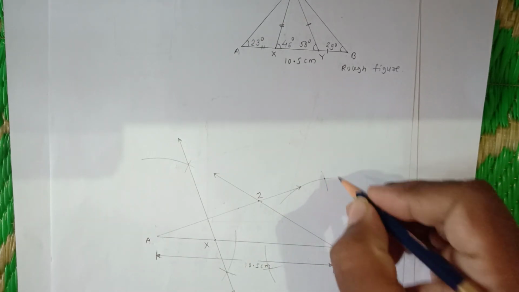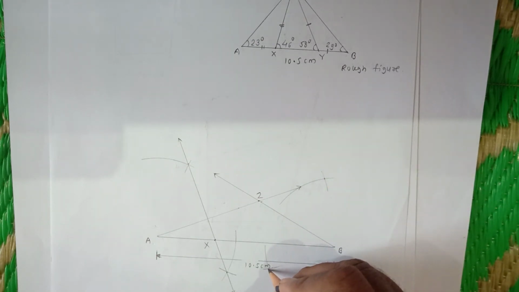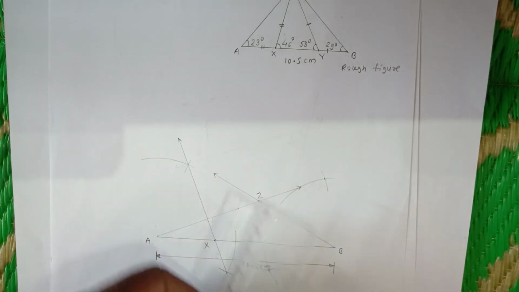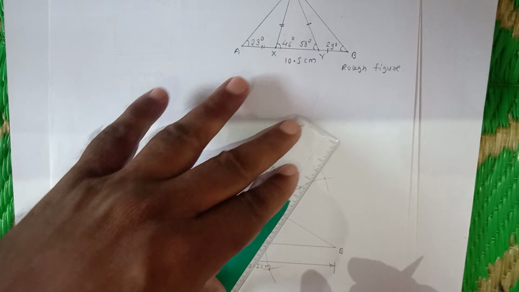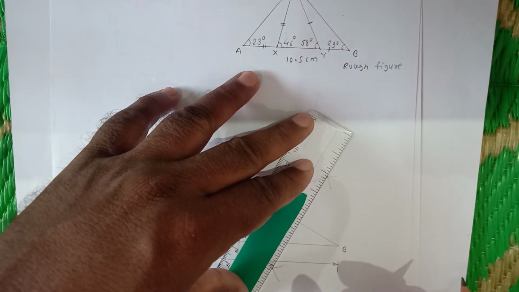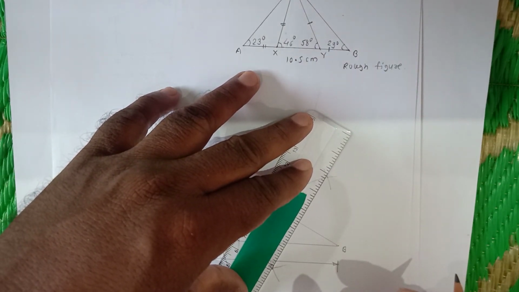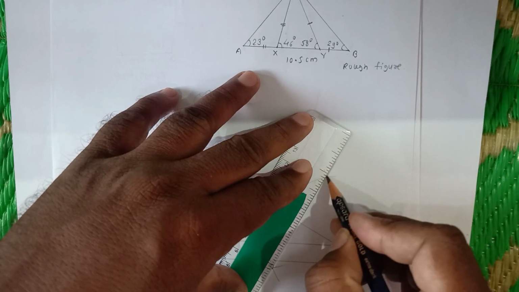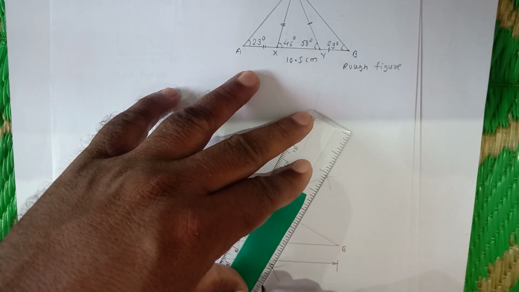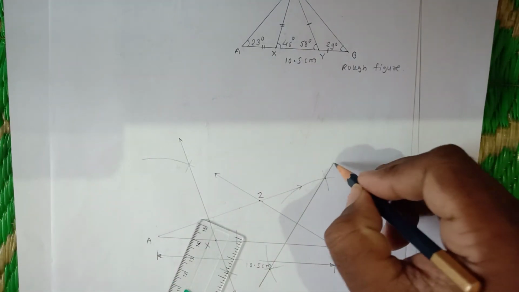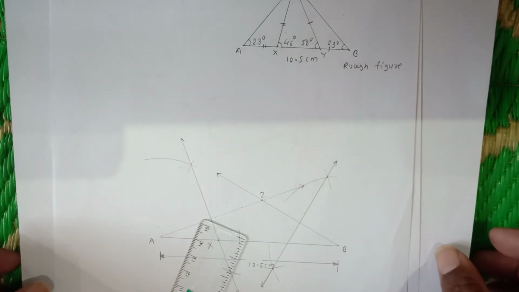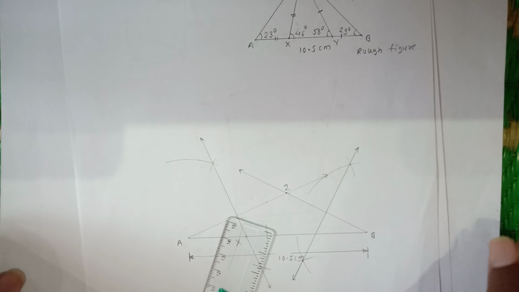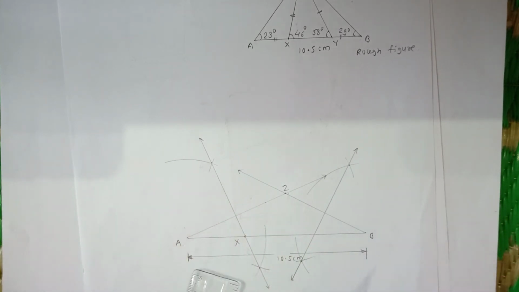Now we get these 2 points. Join these points. So this is perpendicular bisector of BZ.